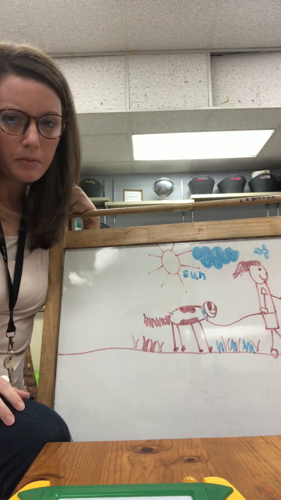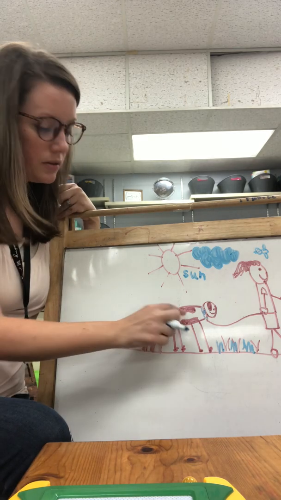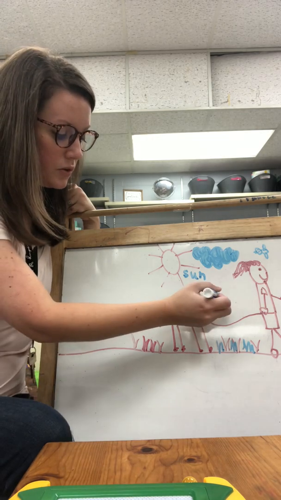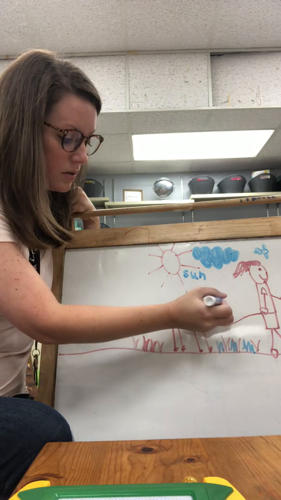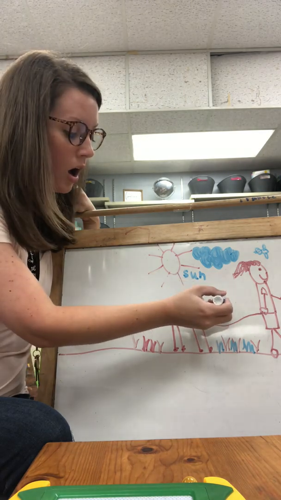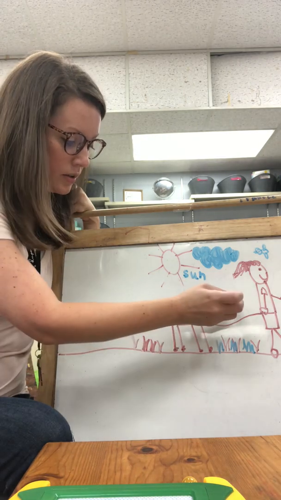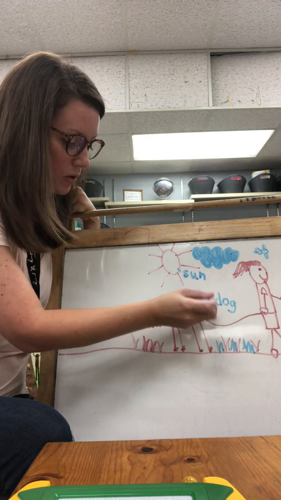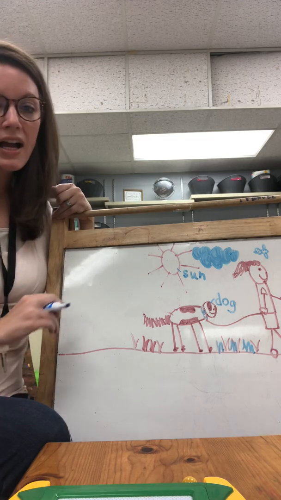What else could I label? How about the dog? Dog. All right. D. Og. Okay, so here's my sun, here's my dog. Let me label one more thing. I know.